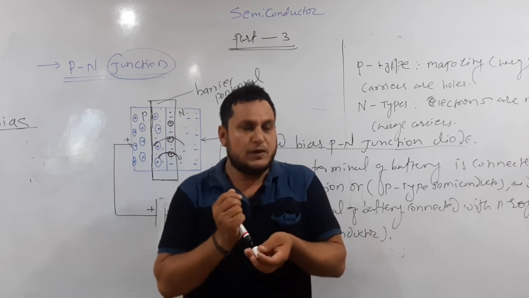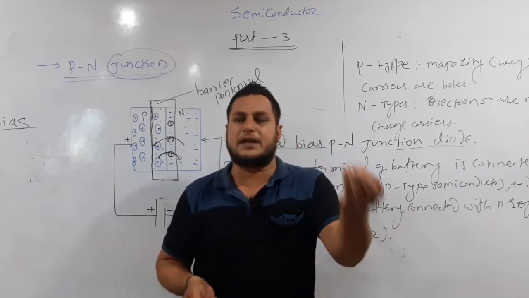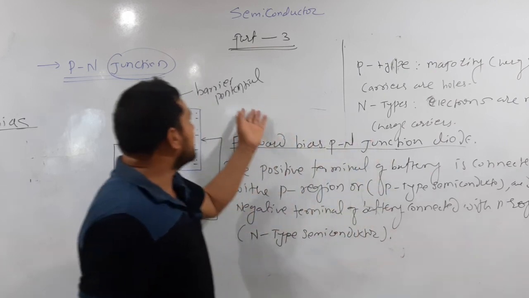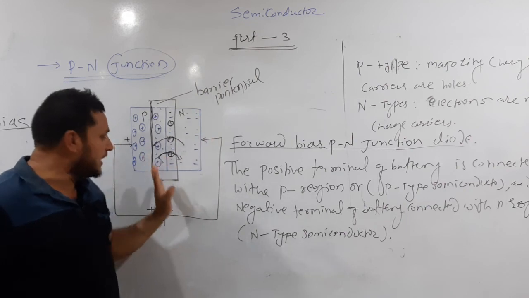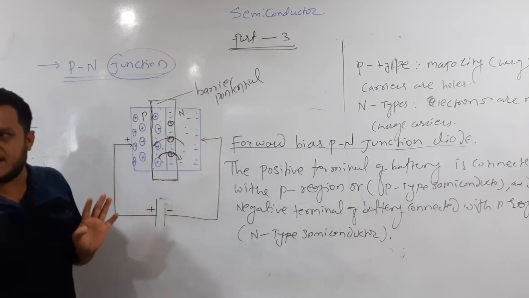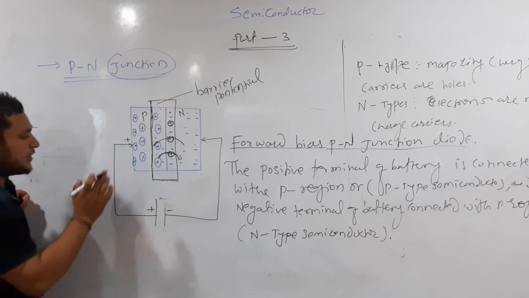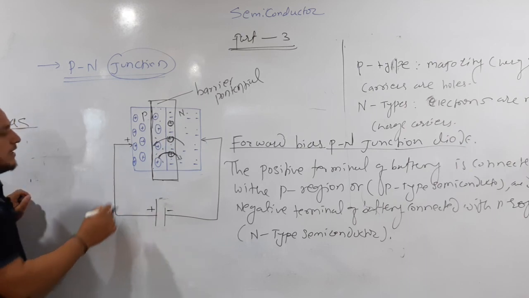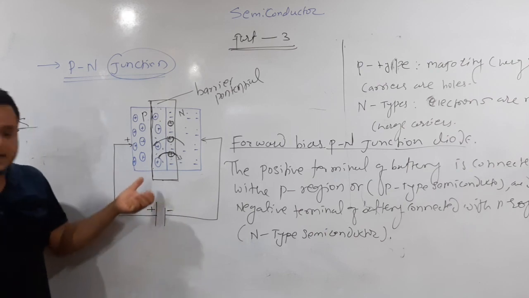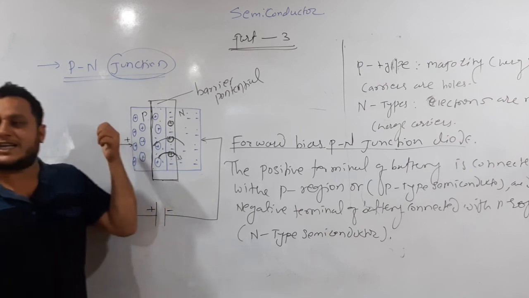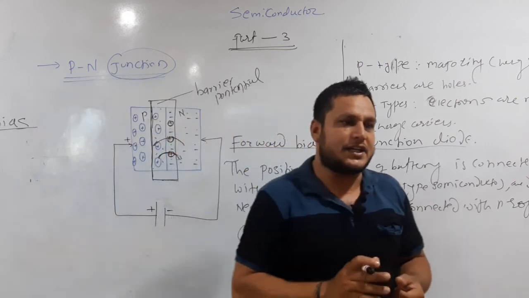It means we cannot physically see the barrier potential. We may observe through a particular device or equipment how much barrier potential is produced by such a structure. Clear? So in a forward bias PN junction, you must remember the connection: the positive terminal of the battery connected with the P region and the negative terminal connected with the N region.